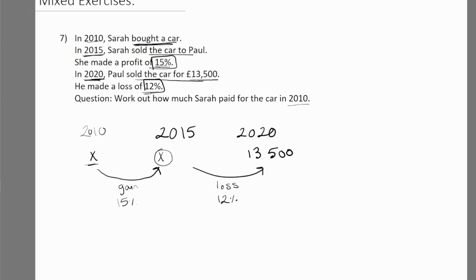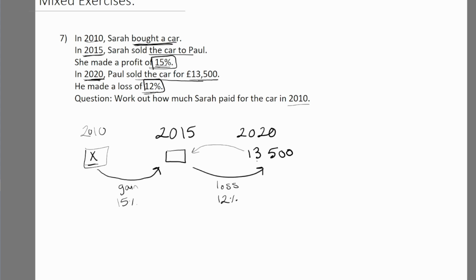Okay, so we're going to go ahead and find out how much she paid in 2010. In order to find that, we don't know anything right now, so we need to trace back. We need to go back from here. So here's the thing. Do we know how much Paul paid for the car in 2015? We don't.